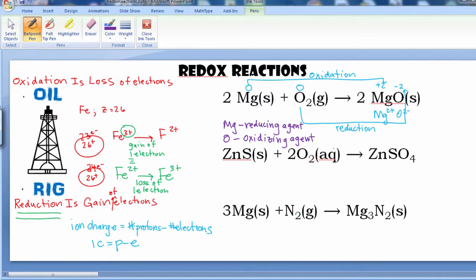That's what we mean. So, just keep in mind whichever one undergoes oxidation, it is a reducing agent. Whichever one undergoes reduction, it is the oxidizing agent. Okay, so let me erase this to have more room for our next example.